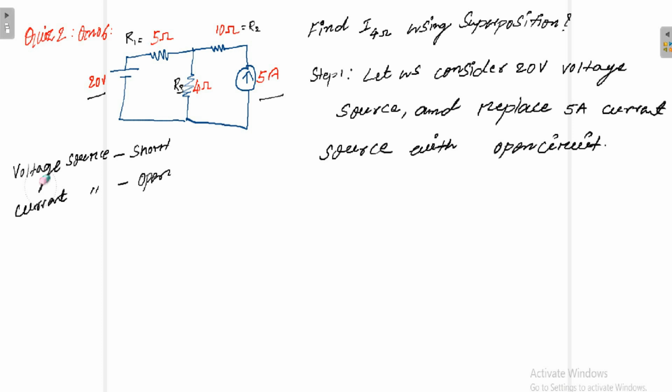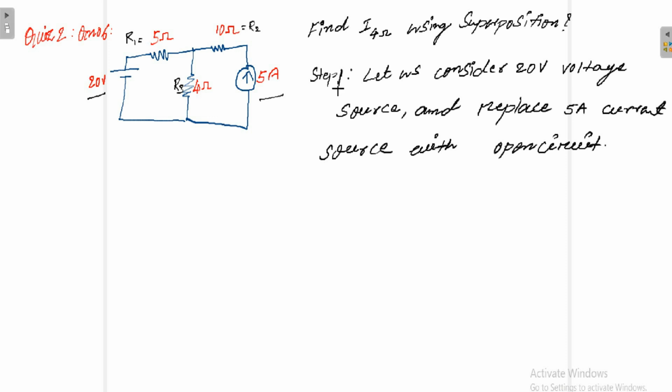So this is the thing you have to do. In step 1, we replace the 5 amps current source with an open circuit, and consider the 20 volts voltage source.